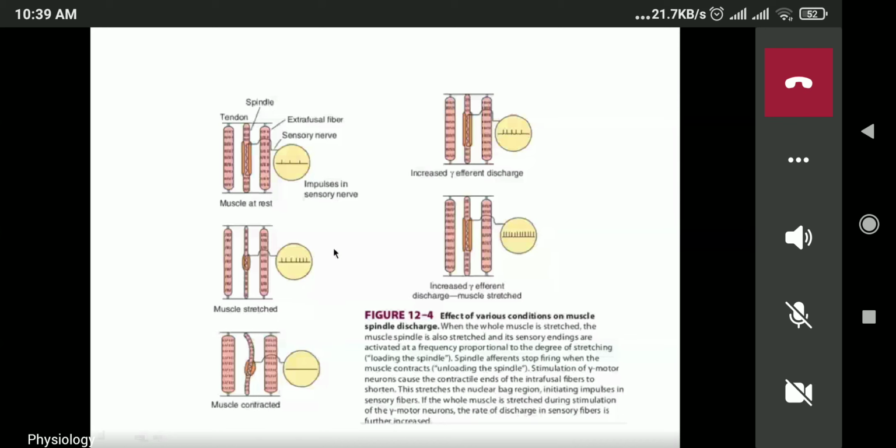It goes to the spinal cord. So from the spinal cord, alpha motor neuron will be activated. Alpha motor neuron, when activated, will contract the extrafusal muscles, right? So when the extrafusal muscle is contracting, the intrafusal muscle becomes laxed.